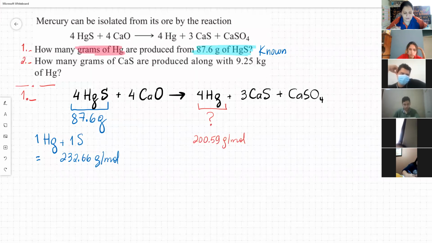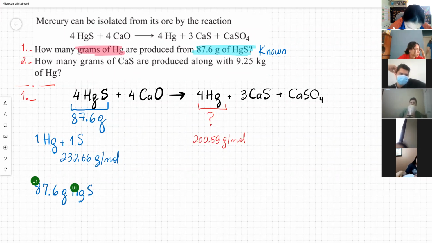And then what we do is the conversion process. So we always begin with the given, 87.6 grams of HgS, times.